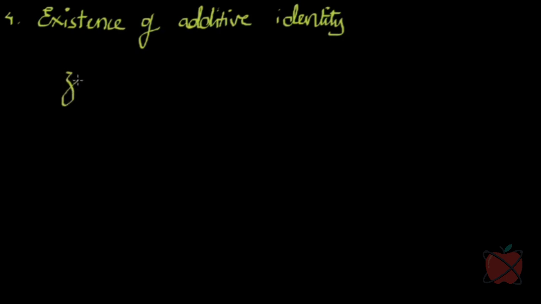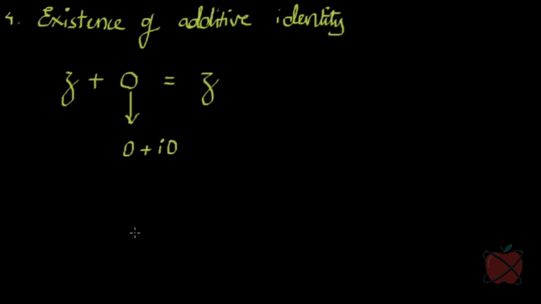The next property we're going to discuss is about the existence of the additive identity. And that means if I take a complex number z, I will add it with what so that I will get my answer to be z again. Obviously, we know that it's only possible if we add z with 0. This 0 is also a complex number because it can be written as 0 plus i times 0.